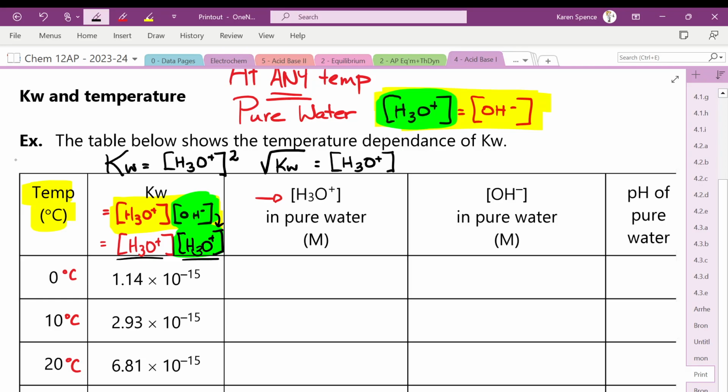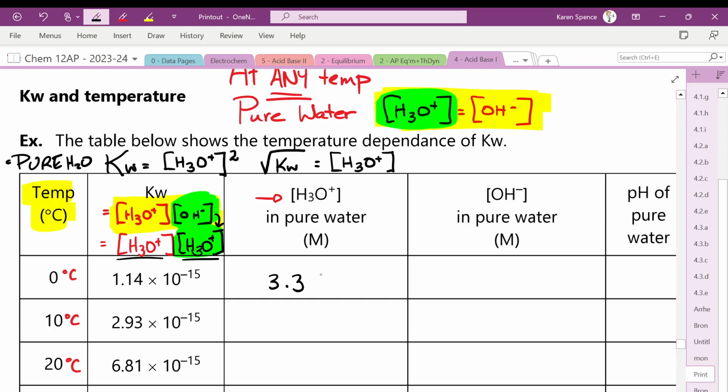So this is for pure water. Obviously, if we added some acid or some base, that's not going to work anymore. But for pure water, this is what happens. So what you're going to do is you're going to take the square root of 1.14 times 10 to the negative 15. And you get 3.376 times 10 to the negative 8.